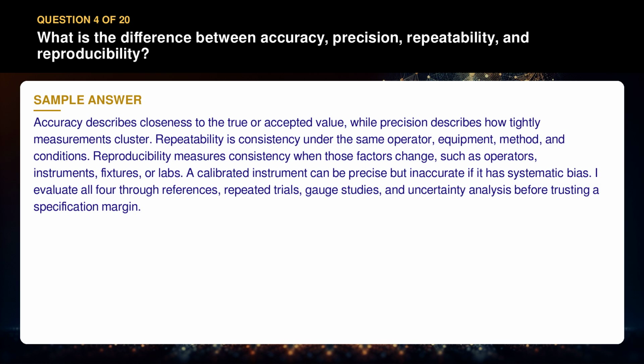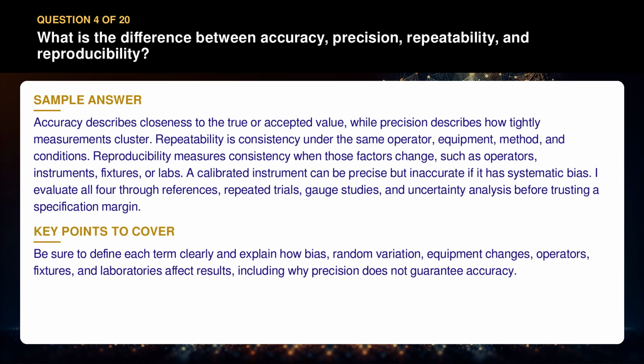Reproducibility measures consistency when those factors change, such as operators, instruments, fixtures, or labs. A calibrated instrument can be precise but inaccurate if it has systematic bias. I evaluate all four through references, repeated trials, gauge studies, and uncertainty analysis before trusting a specification margin.